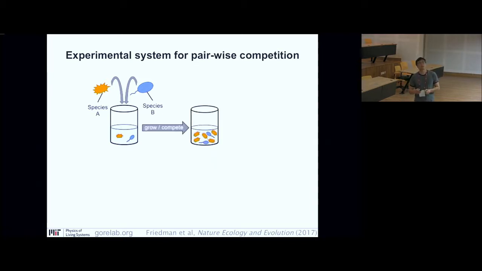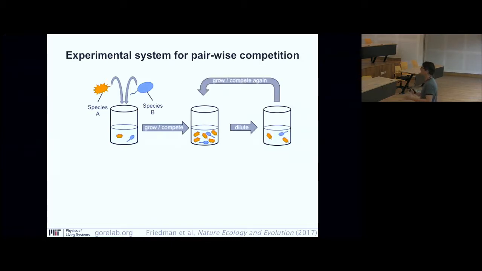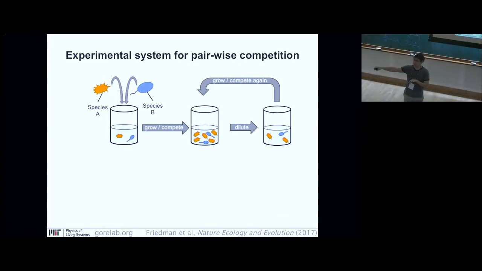We allow them to grow and compete, use those resources, and at the end of the day, we perform this dilution, like I told you about before, where we transfer a small fraction of the organisms into fresh media, and we repeat this process. We typically go for about 60 generations, with the idea that we want to reach an ecological equilibrium before there's time for significant new mutants to arise in the population. So we're really trying to focus on ecology before we try to tackle evolution in these contexts.